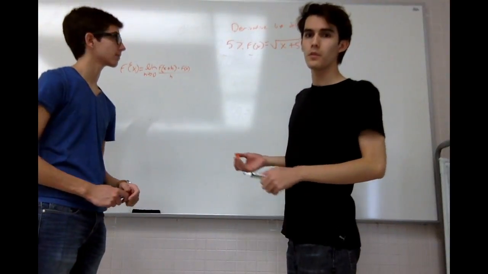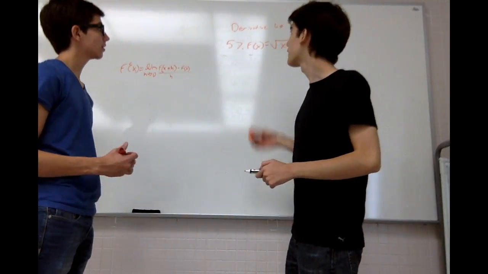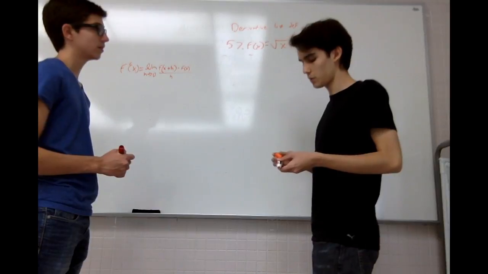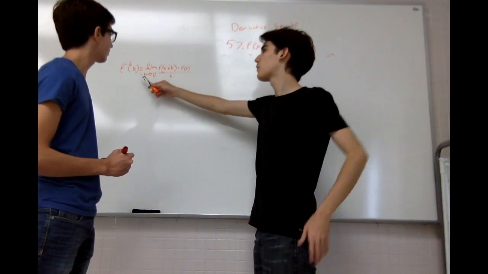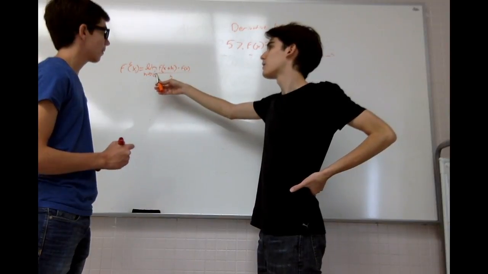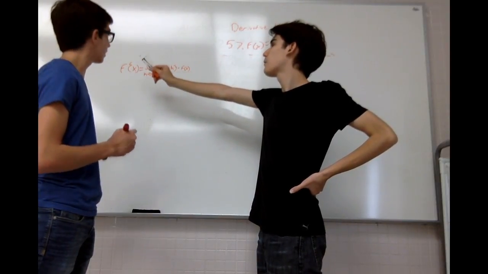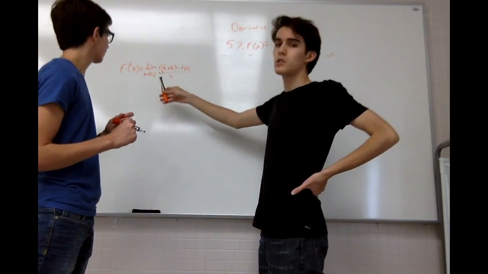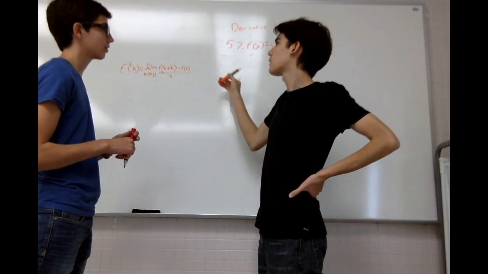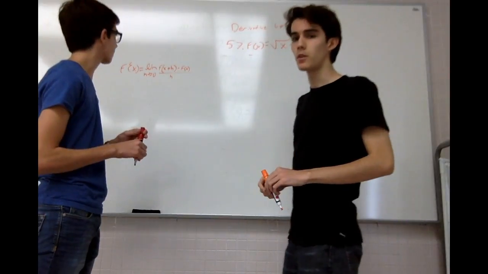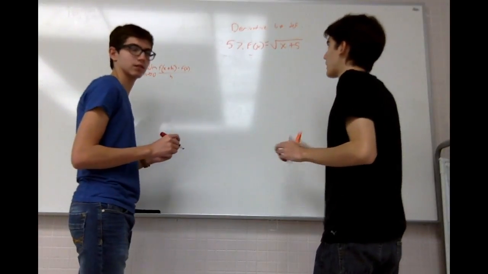So now we're going to number 57, which is a derivative by definition. We know our formula for the derivative by definition, which is f prime of x equals the limit as h approaches 0 of f of x plus h minus f of x, all divided by h.